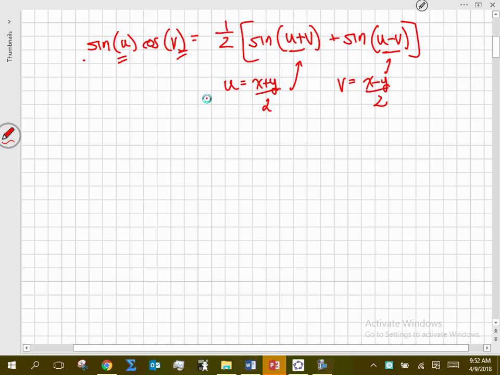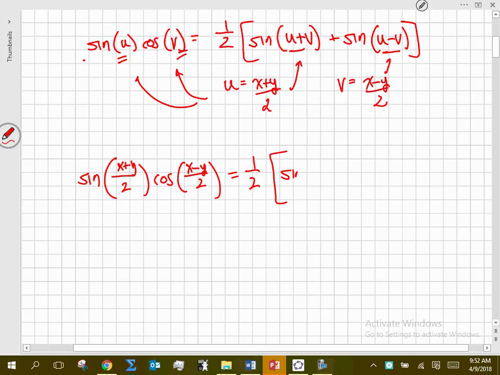And I guess on the left as well. So we get sine of u, which is x plus y over 2, cosine of v, which is x minus y over 2, is equal to 1/2.